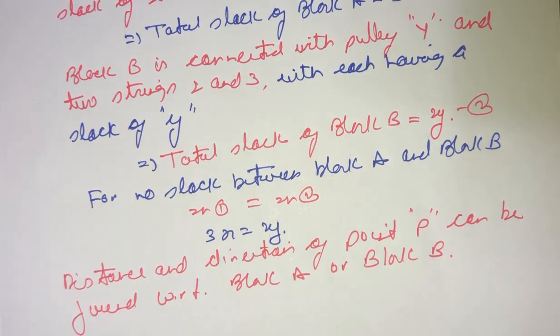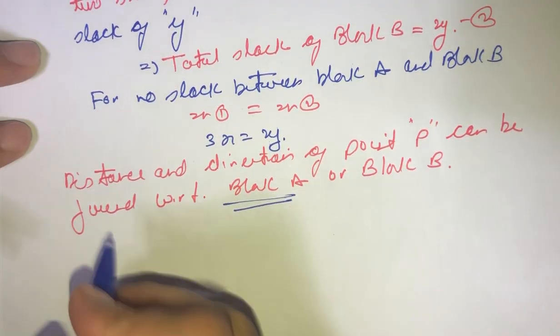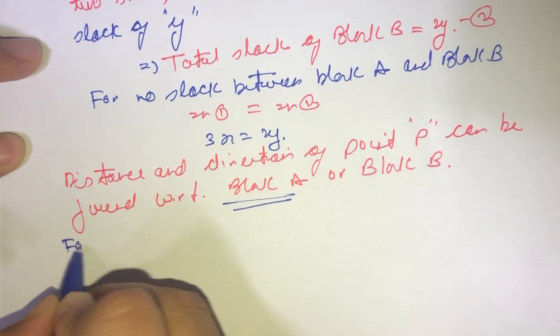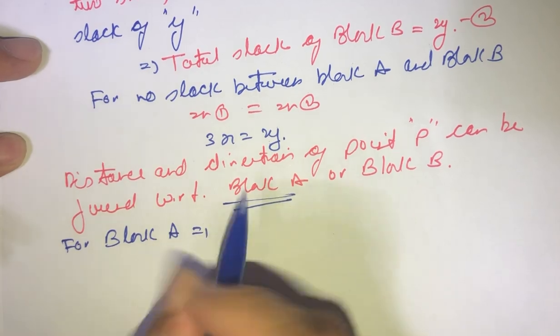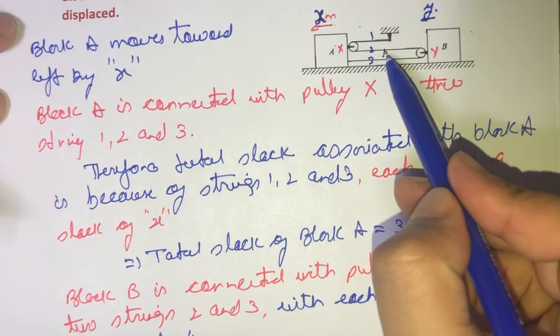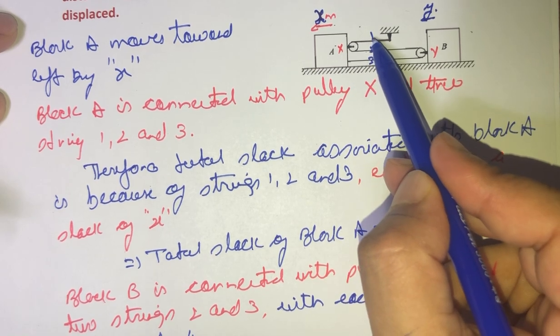So if we want to consider block A, we can say that for block A, point P is connected through pulley x to only two strings, 1 and 2.